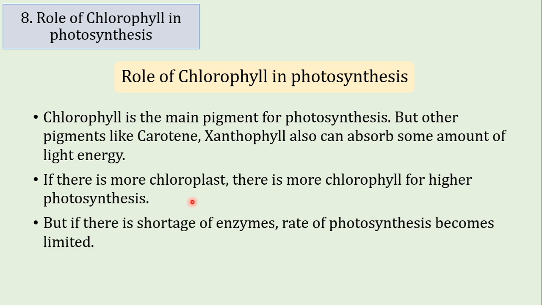But only increasing the chloroplasts doesn't increase the photosynthesis rate. The photosynthesis rate depends on the number of chloroplasts or chlorophyll, but it also depends on the amount of enzymes. So if there is shortage of enzymes, then the rate of photosynthesis will be limited.